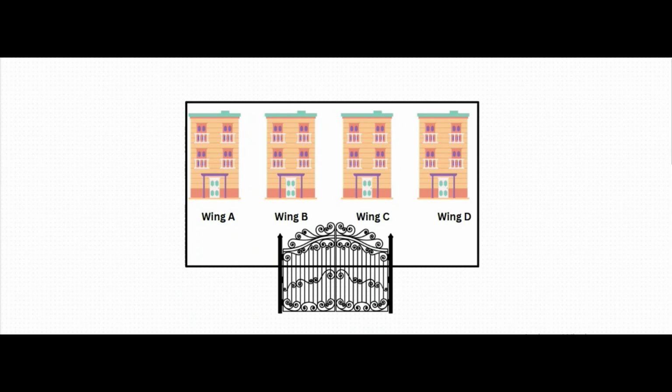Another example, a real-time example, and again I will explain what a virtual network or VNet is with a relatable example. So imagine there is a housing society. The housing society, if you see on the screen, represents a VNet. It's a virtual network. Inside the society there are different wings: wing A, wing B, wing C, wing D, and so on.